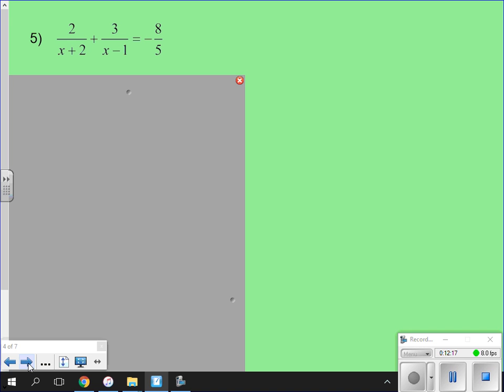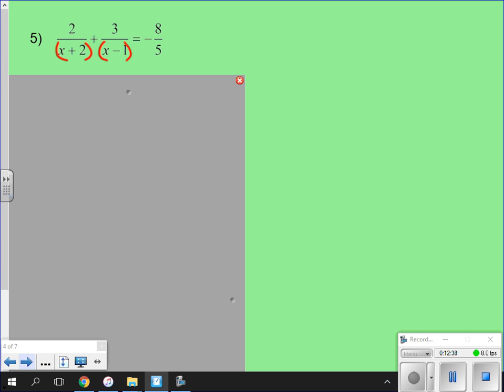So this one, once again, set it equal to 0 before you put it in there. The other thing you need to do is when you type it in, make sure your denominator has parentheses around it, because if you don't, you will have problems.